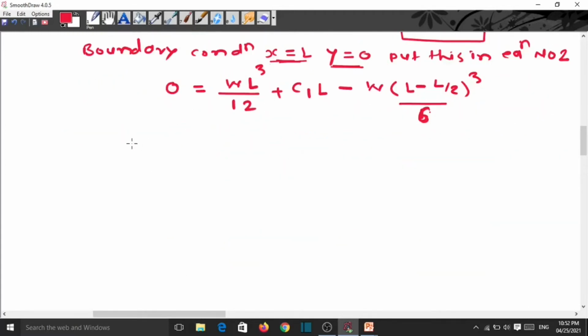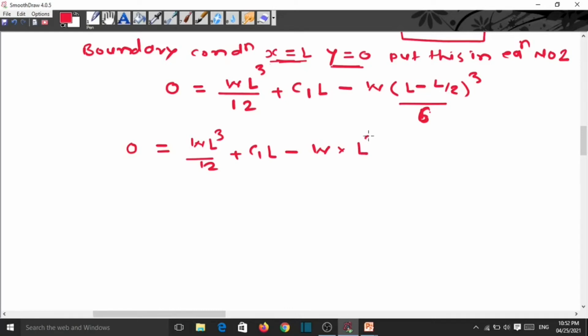So 0 is equal to WL cube by 12 plus C1L minus W, now here L minus L by 2 is L by 2. So L by 2 raised to power 3.